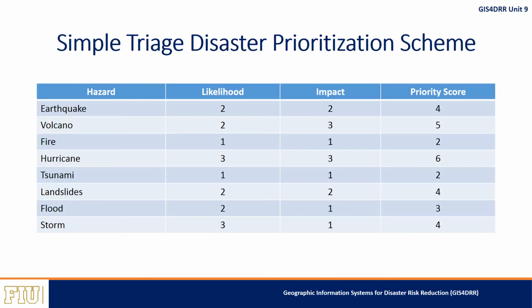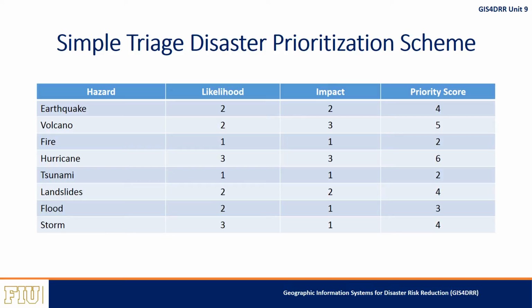So the first thing we want to do is sort of triage these different hazards, based upon their frequency and their likelihood of returning and their impact on the community. And then you can just simply add or multiply or do some mathematical process to see what you like. In this case, we're going to add.